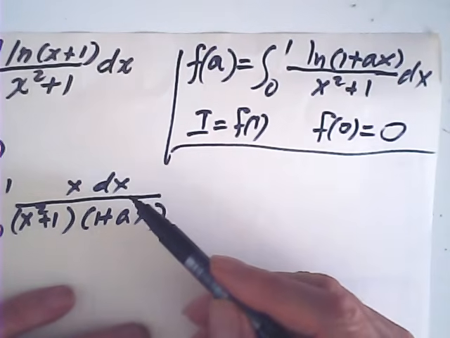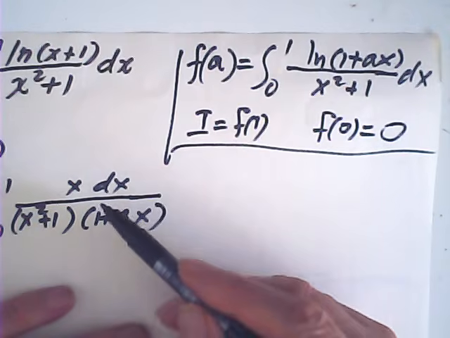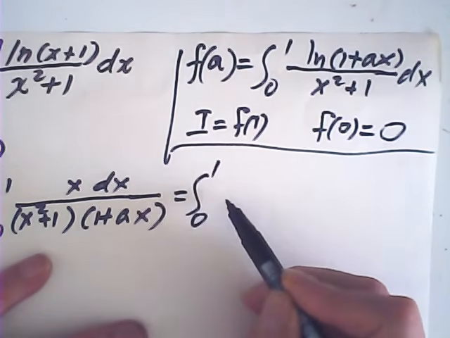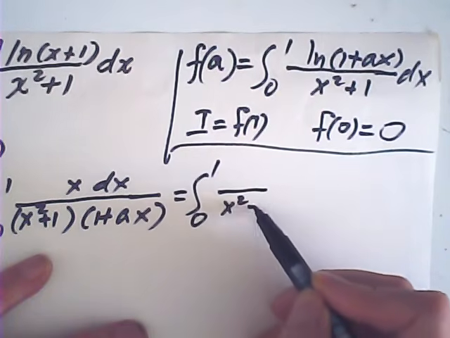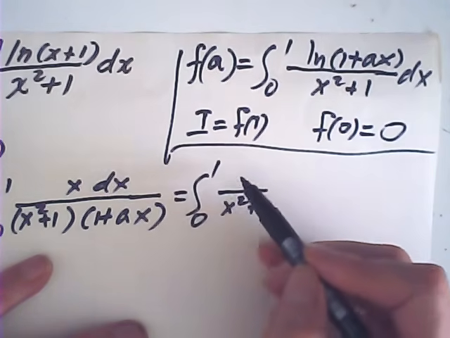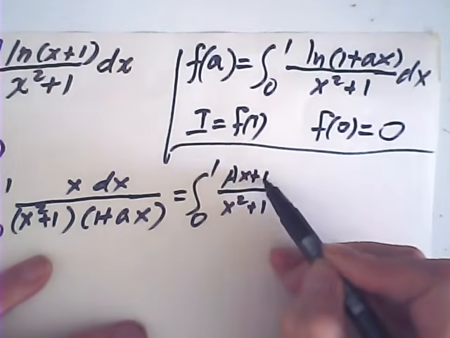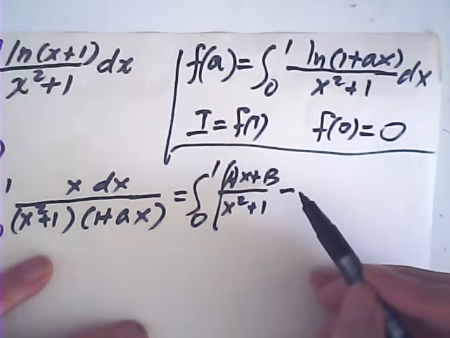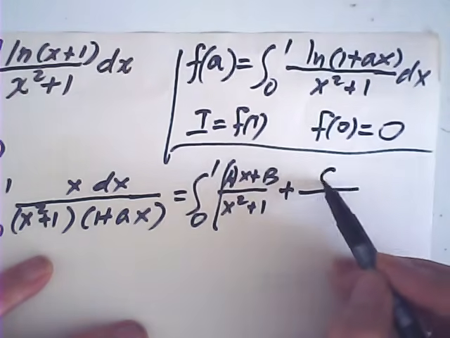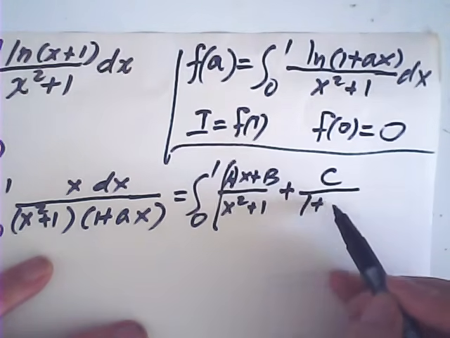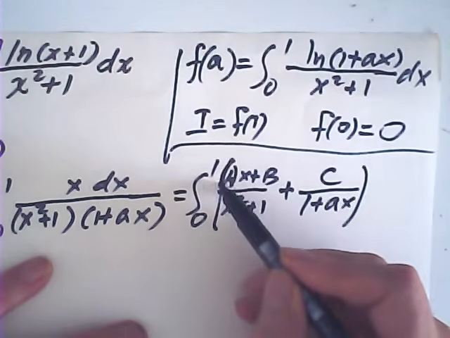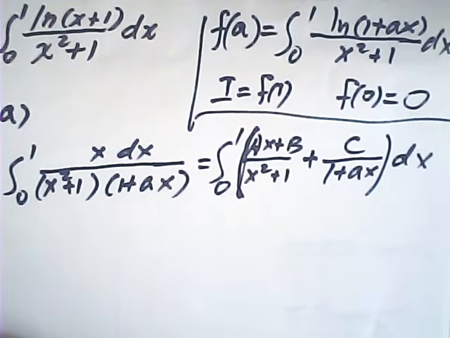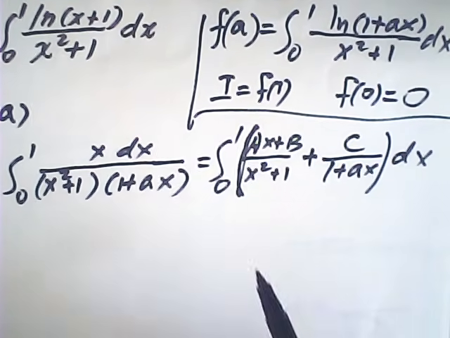Then we can use partial fractions, right? This is (Ax + B) over x squared plus 1, plus C over 1 plus ax, dx.